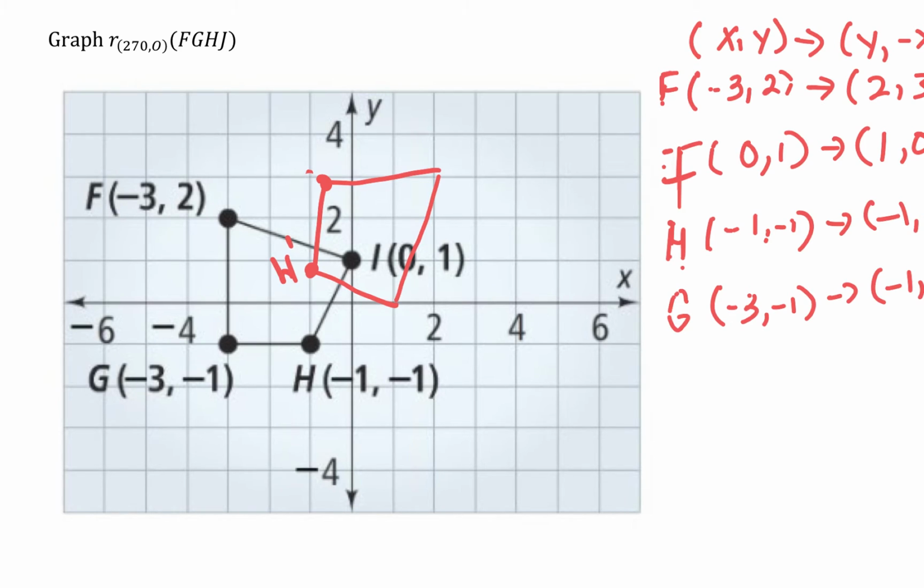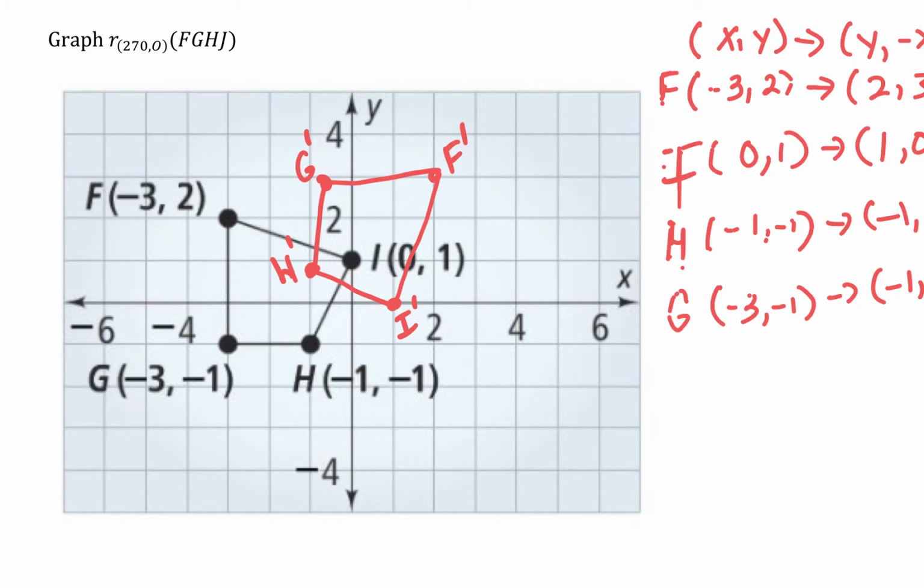So we have H prime, and then we have G prime, and we have (2, 3), so that's going to be F prime, and the other one is I prime.